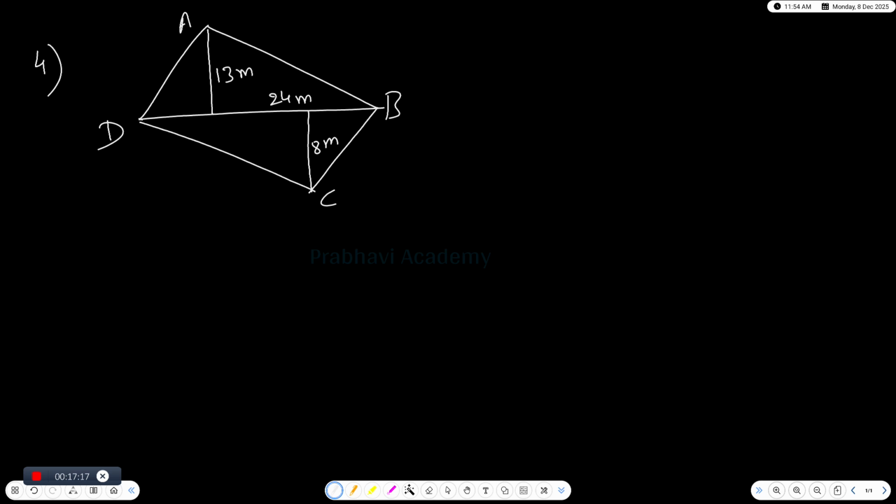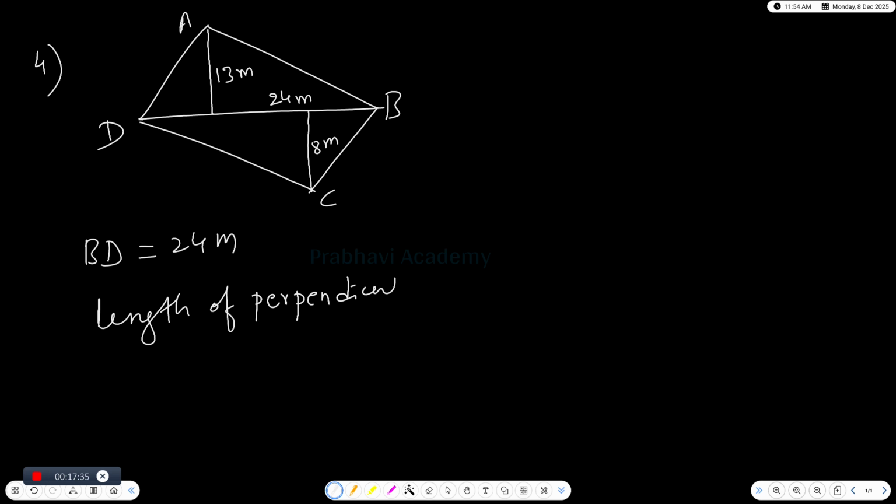And now we know that BD is 24 meter and length of the perpendicular dropped on BD is, I call first one H1, that is 13 meter.